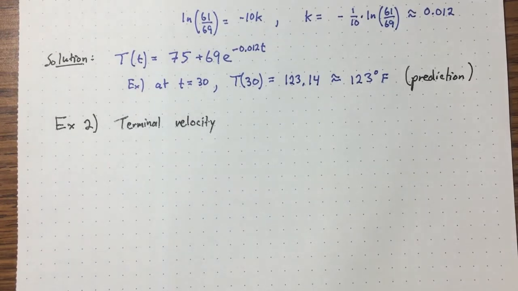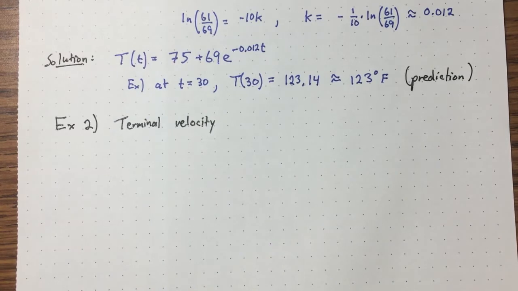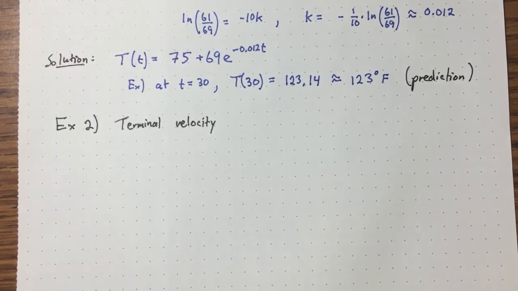For example, when a skydiver jumps out of an airplane, they start going faster and faster. But then there's a certain point at which they're going the same speed. They hit a maximum theoretical velocity, and they can't go any faster than that. And so that's the concept of terminal velocity. And let's see if we can understand this better through differential equations.